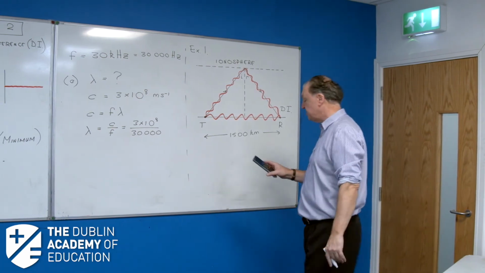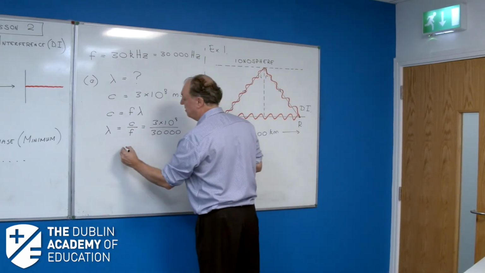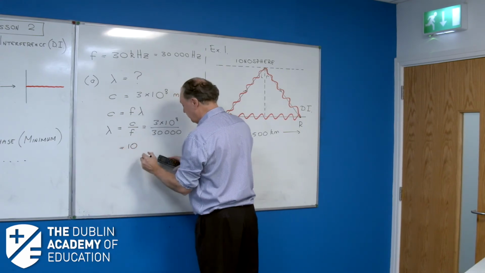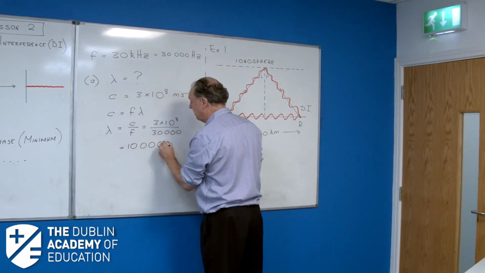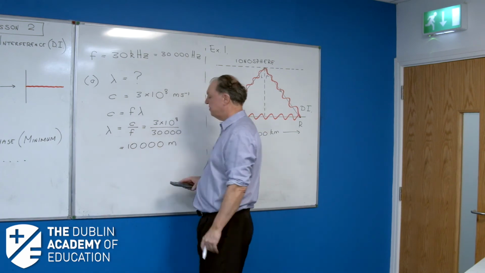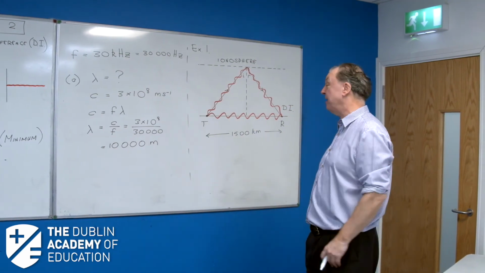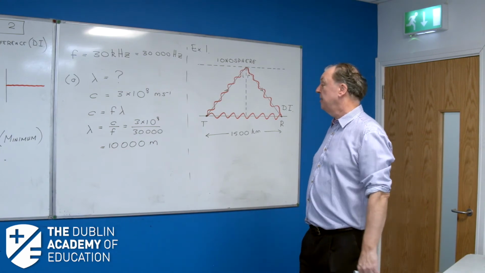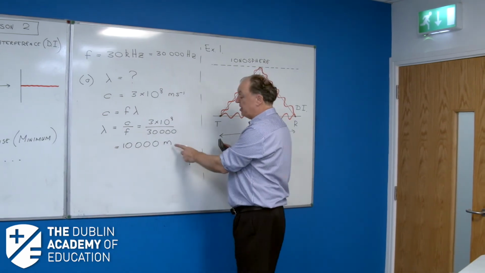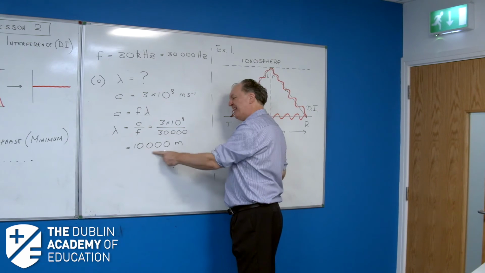And I get, on my calculator, 10,000 meters. Could write that down in scientific notation, 1 by 10 to the power of 4. They're the proper units. But you can see there 10,000 meters.